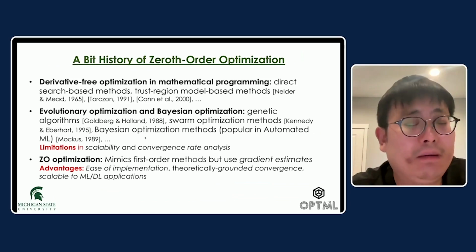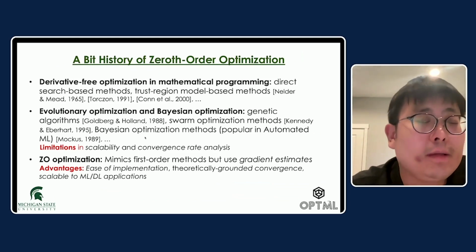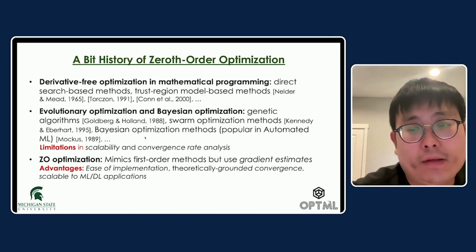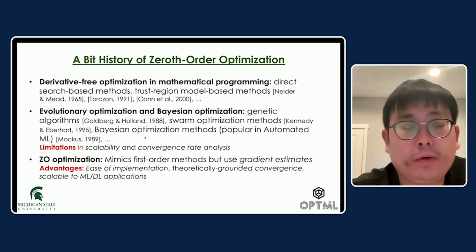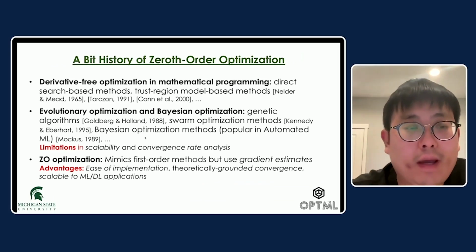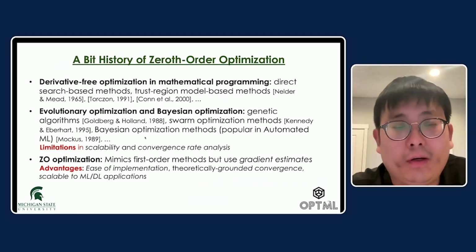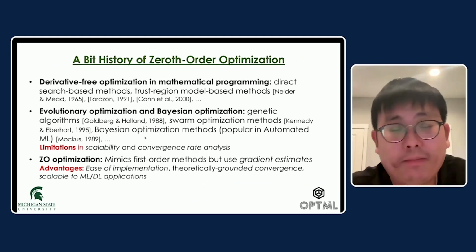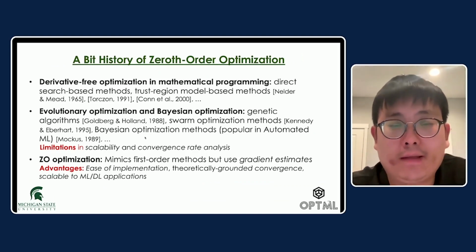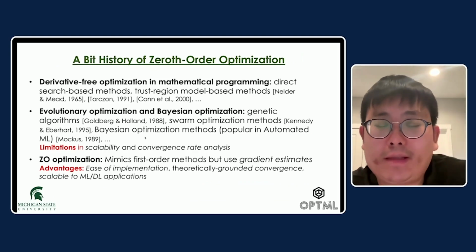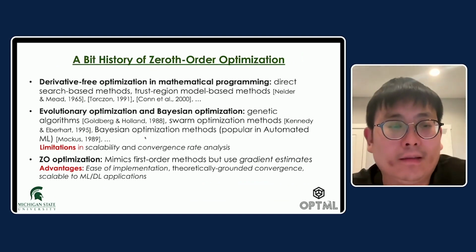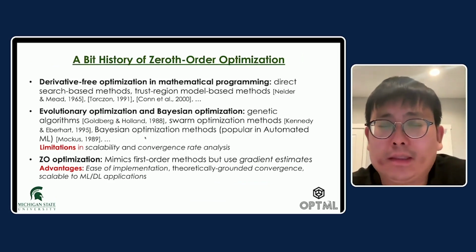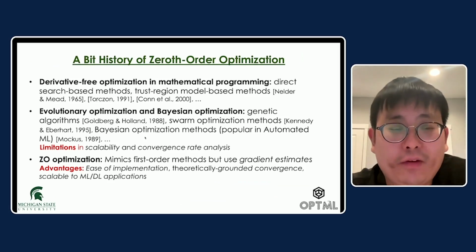The key issue is scalability. There are also some other methods like genetic algorithms, evolutionary optimization, or Bayesian optimization. And they are also not very suitable for fine-tuning large language models because you have to build some additional models to conduct this optimization task. For example, in Bayesian optimization, you need to build Gaussian process models to estimate the mean and the variance to find the solutions for the optimization problem. It takes a lot of effort to build an optimizer that's suitable for LLM fine-tuning.